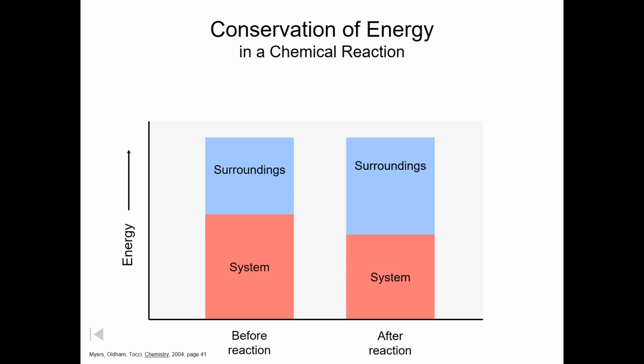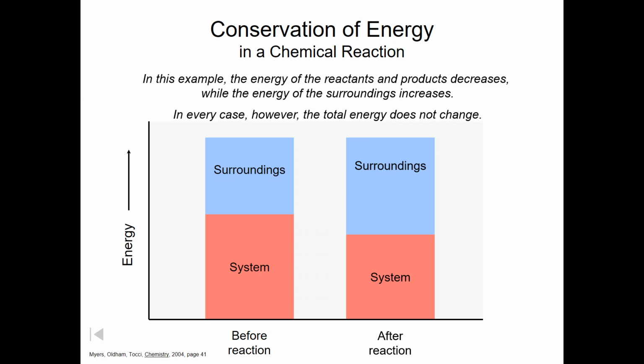So here we have a system at some energy. The energy of the system has decreased. So in this example, the energy of the reactants and products decreases while the energy of the surroundings increases. Again, the total energy doesn't change.